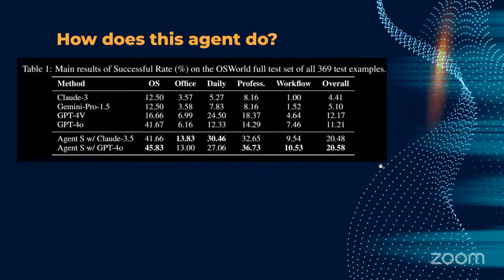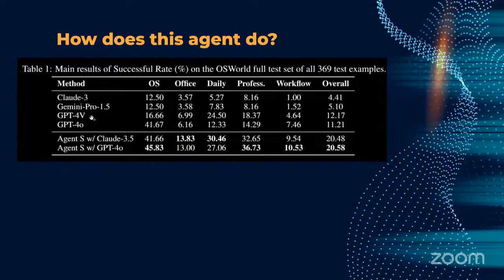On OS World, we can see that depending on which actual LLM you used as the underlying decision maker for each level of this agent, you got somewhat different results. Most notably, GPT-4o and Claude 3.5 seem to do the best at most tasks. Sorry, what I just said was misleading.